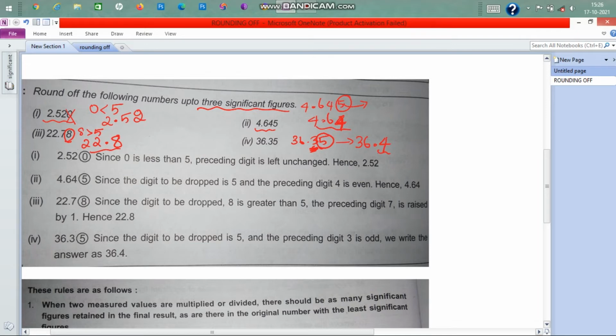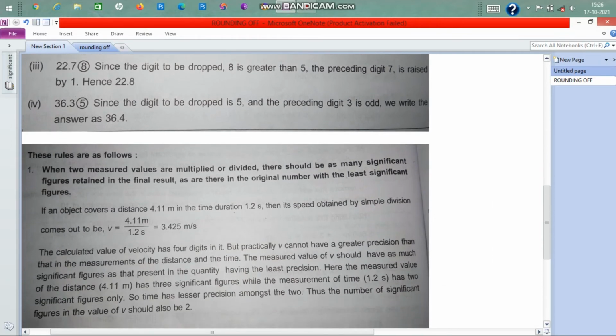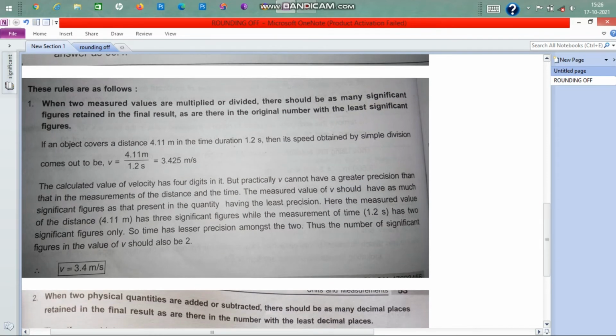Now let us see the next rules. These rules are very important, and in NEET 2020 they asked a question based on this rule. During multiplication or division, you want to reduce the final answer to the least number of significant figures.